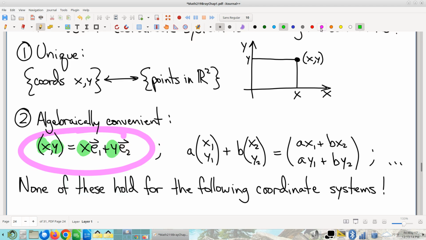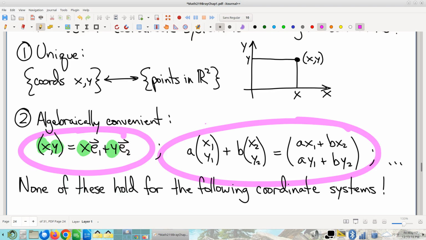Closely related fact, if you're doing algebra, linear combinations of vectors in rectangular coordinates, you can just do them one coordinate at a time, right? The first coordinate, do that same linear combination in the first coordinate. Same linear combination in the second coordinate. Awesome.